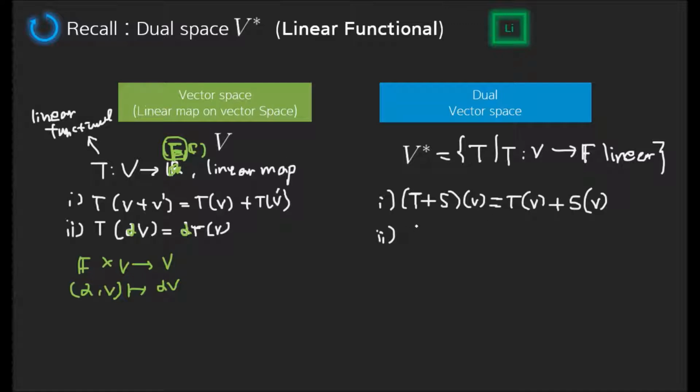And another condition is that T of alpha V is equal to alpha T V for all elements. So when these two conditions are satisfied, V star is called the dual vector space.